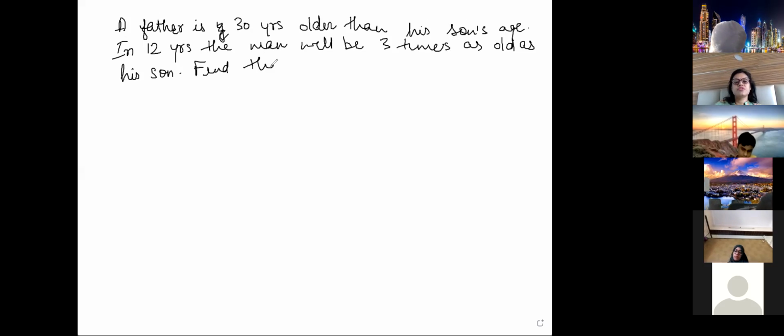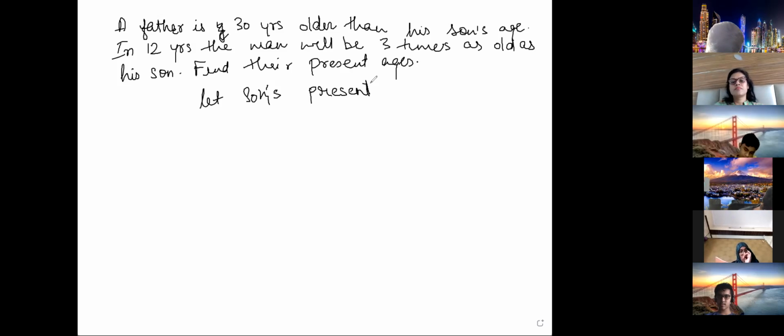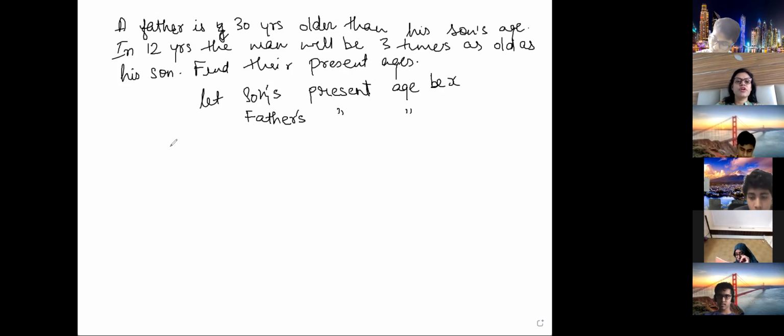Make the equation and give me the equation. Let son's present age be x. So how much is father's present age? You have to find out.